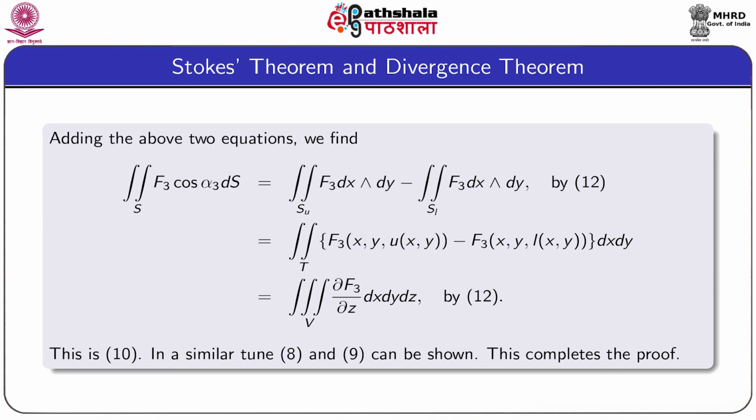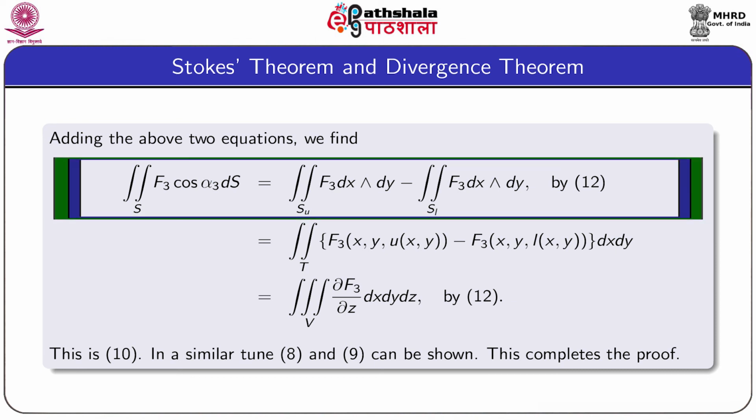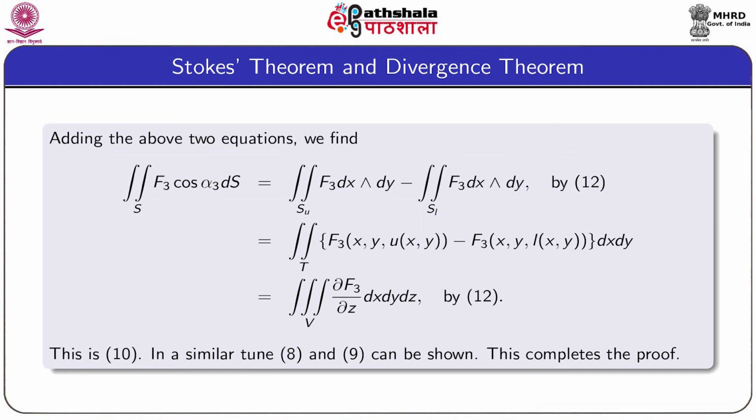Adding the above two equations, we find that the surface integral over S of f3 cos α3 dS equals the surface integral of f3 dx wedge dy over S_U minus the integral of the same quantity over S_L.